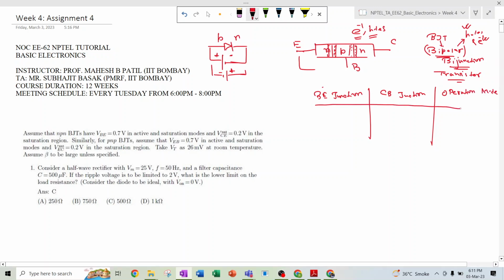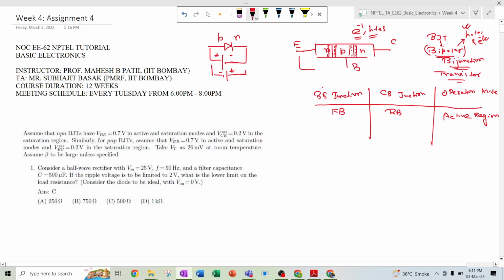Okay. So suppose we have connected the base emitter junction in forward bias mode and the collector base junction in reverse bias mode. Then the transistor will act in the active region.